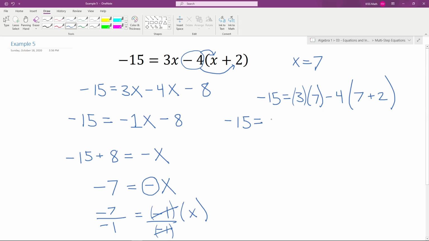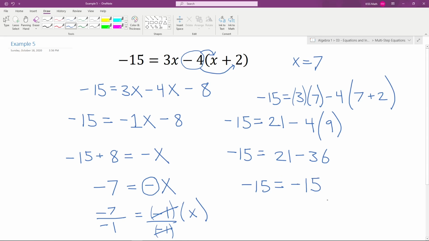So 3 times 7, 21, minus 4 times, parentheses, 7 plus 2 is 9. Okay, so negative 15 equals 21 minus 4 times 9 is 36. And 21 minus 36, if you punch that in the calculator or do it in your head, you will get negative 15. So check works out, and we know that this answer is correct.